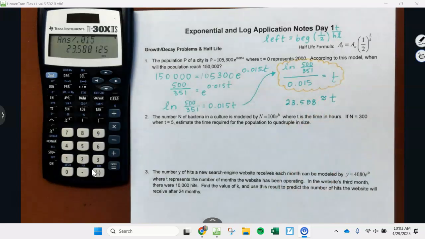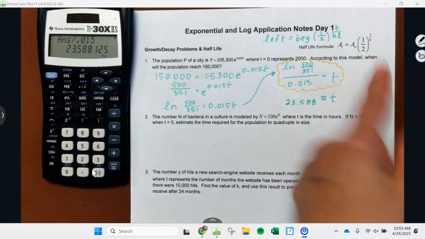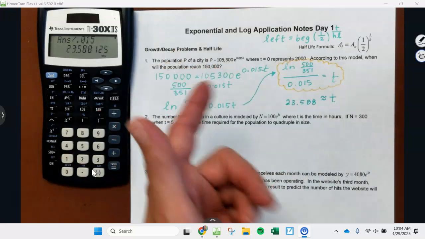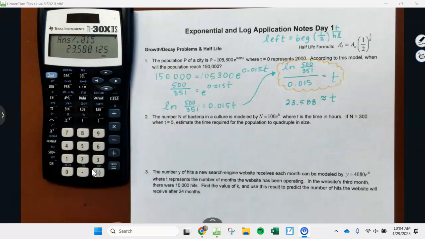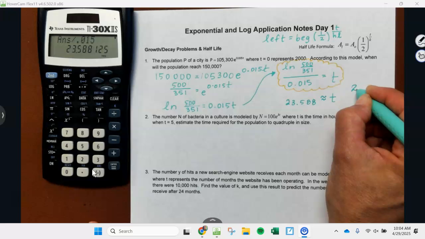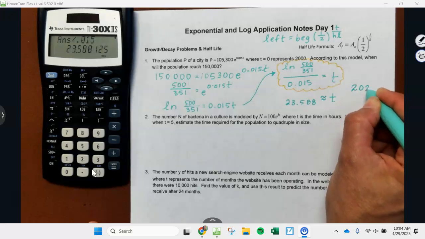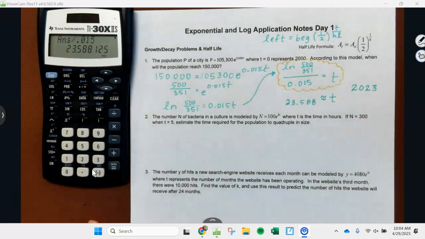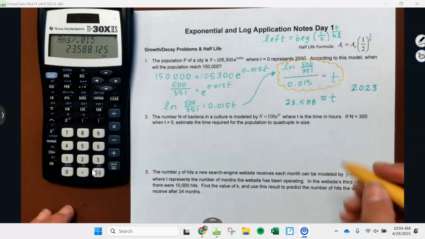Remember, T stands for time in years since 2000. So, according to this model, when will the population reach 150,000 people? I'm assuming it's people. That's going to occur in the year 2023. Or that occurred in the year 2023.